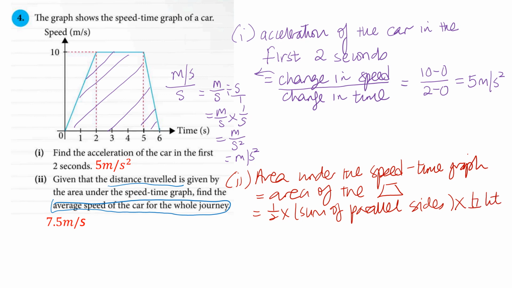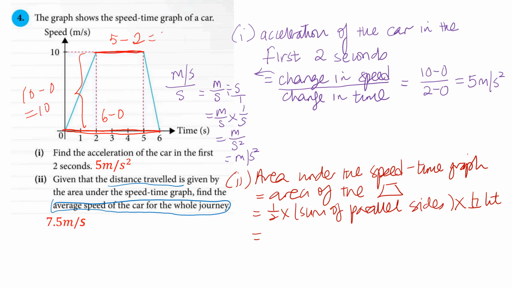So which are the parallel sides? The parallel sides refer to this one here, which is 5 minus 2, and the other side is here, 6 minus 0, and then your vertical height will be just 10 minus 0, which gives you 10.